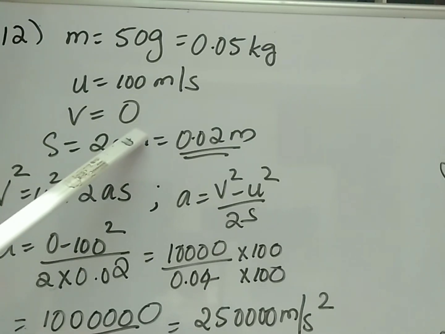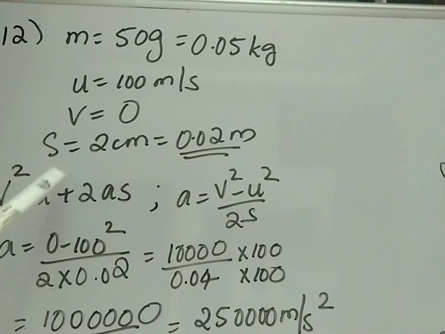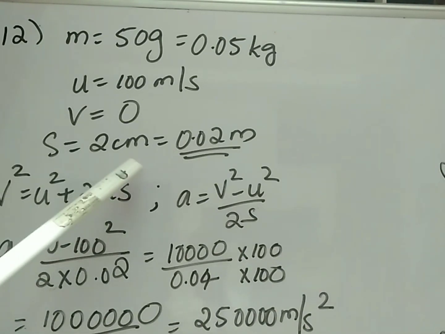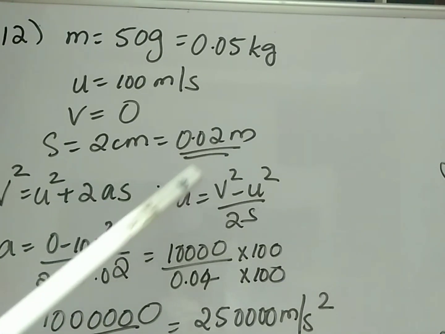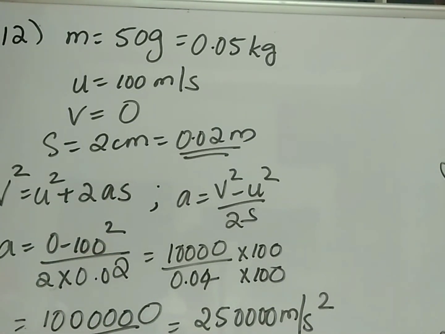That means final velocity 0 after penetrating a distance of 2 centimeter. That is distance denoted by the alphabet S. S is equal to 2 centimeter. Converting to meter by dividing by 100, you will get 0.02 meter. Calculate the initial momentum, final momentum, retardation and resistive force.